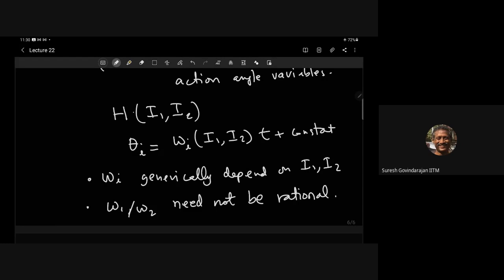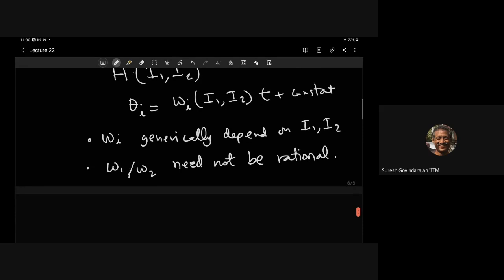Rational means a number which can be expressed in the form A by B, where A and B are co-prime integers, in this case positive integers. So they need not be rational.